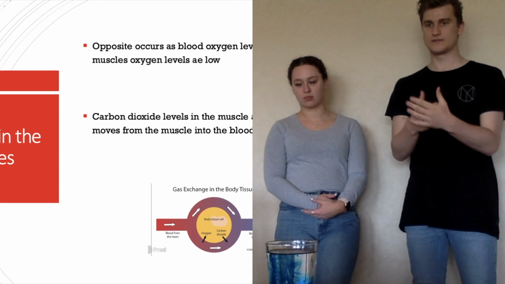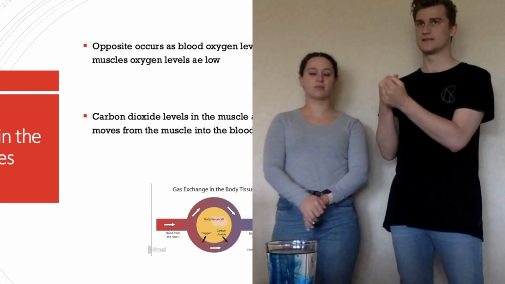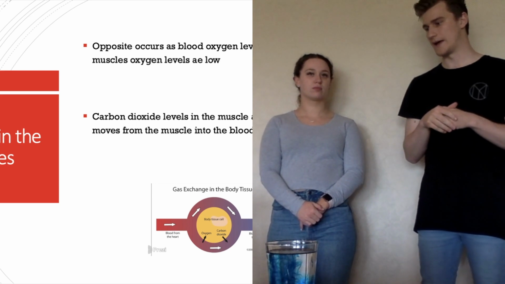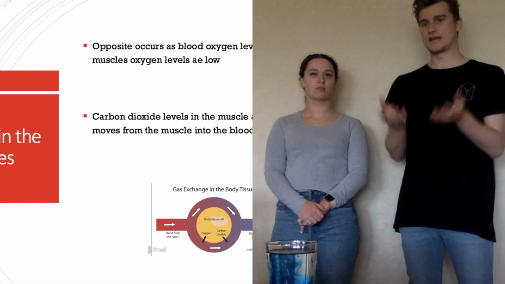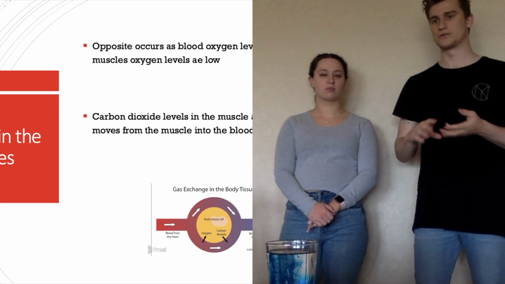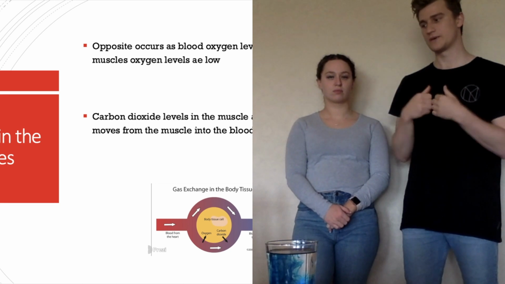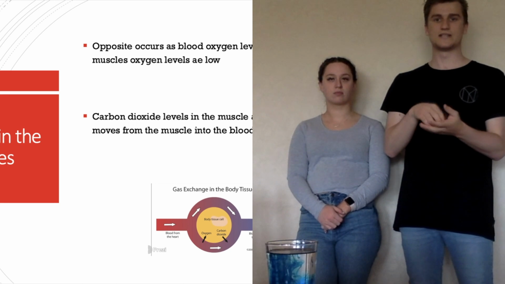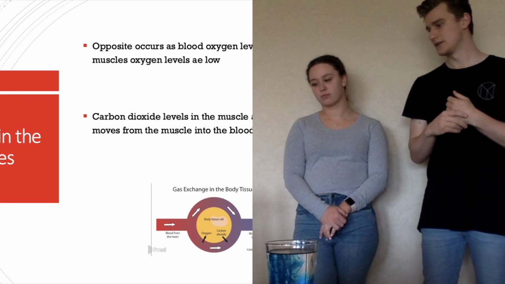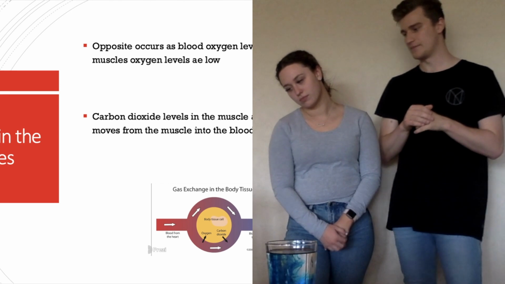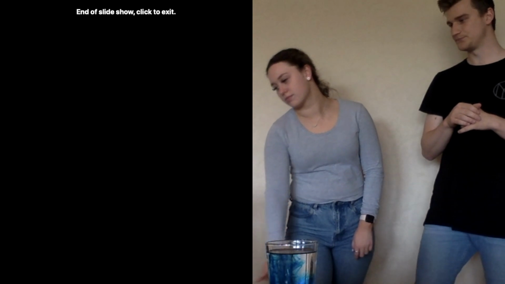It's the same process, however the oxygen is now flowing into the muscle. That's why we increase our tidal volume, respiratory rate, and therefore our ventilation, so that we can get more oxygen into our muscles and CO2 out of our muscles.